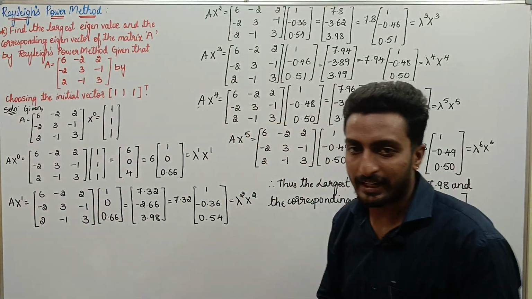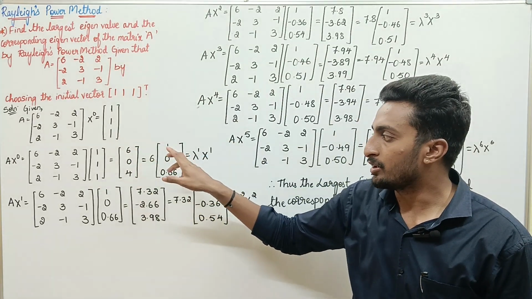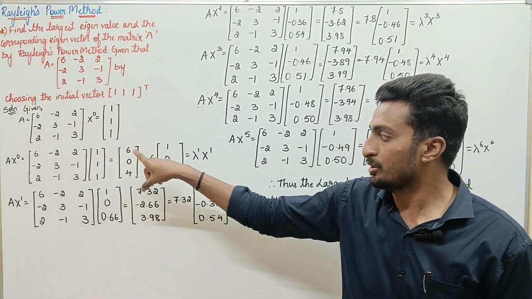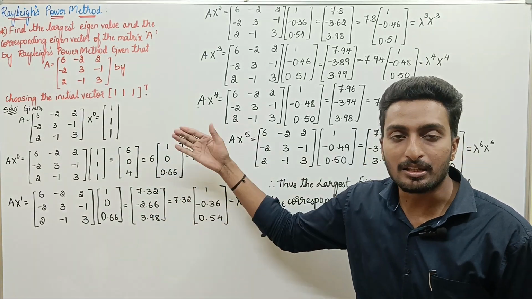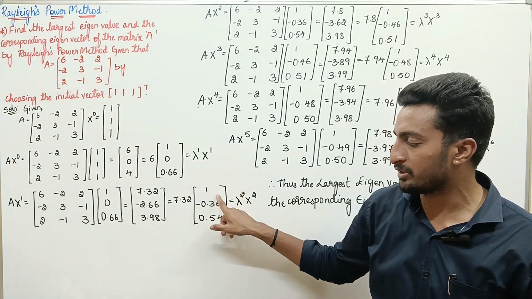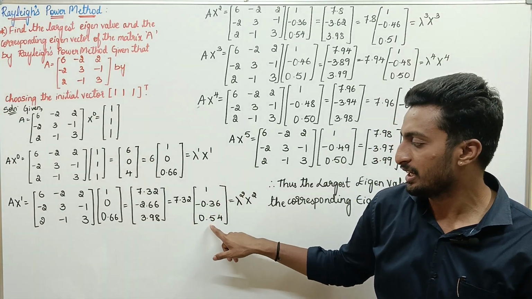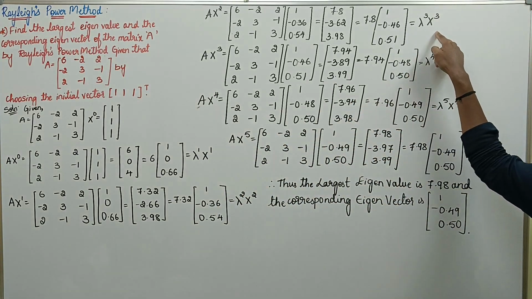Done? See, let us take a recap. Represent the matrix and initial value, multiply these two. Take the largest eigenvalue and divide the matrix you have got, and you get the eigenvalue and eigenvector. Similarly, repeat for the next approximation, you get 7.32, corresponding to that you get 1, minus 0.36 and 0.54. Repeat the same, you get lambda cube and x to the power of 3.